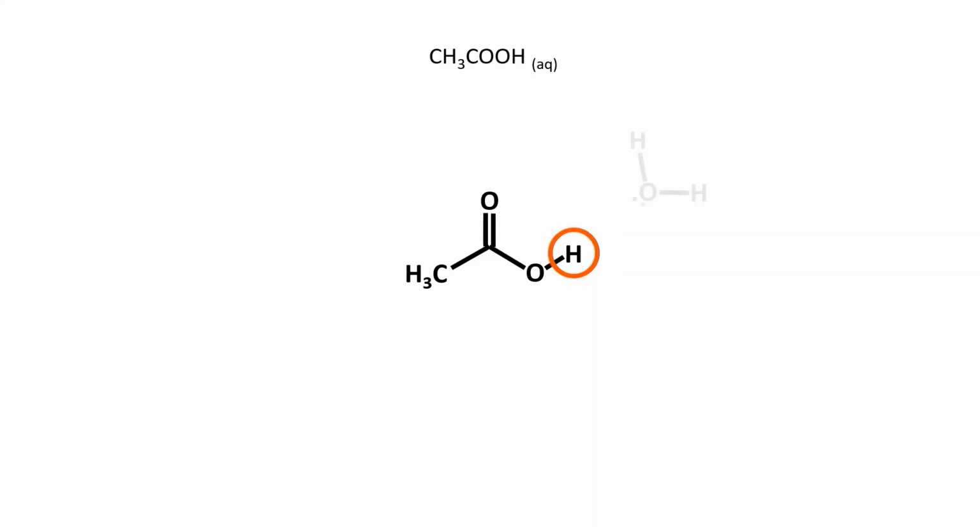Now, if we bring in a water molecule, drawn here, and one of the lone pairs of electrons from that oxygen is shown, it actually has 2 lone pairs, but that's just one of them. That lone pair can attack this hydrogen or this proton and effectively bond to it. But in doing so, it pushes the electrons from the oxygen to hydrogen bond that's in the acid back onto the oxygen.